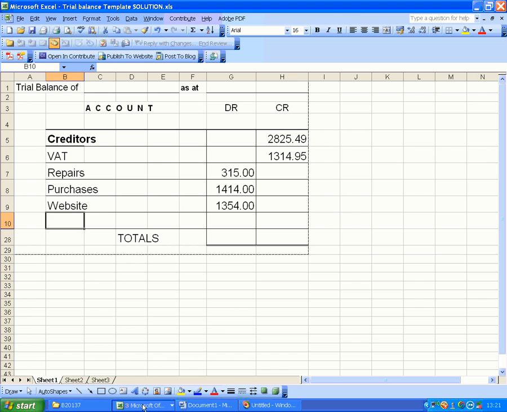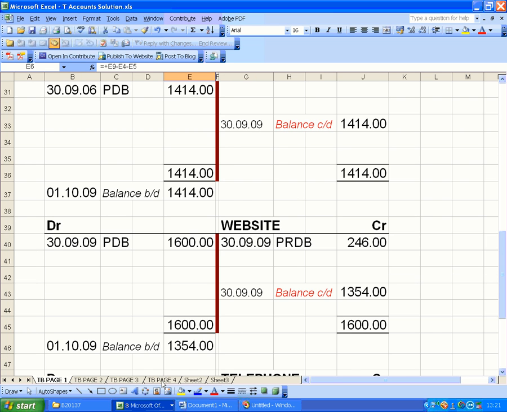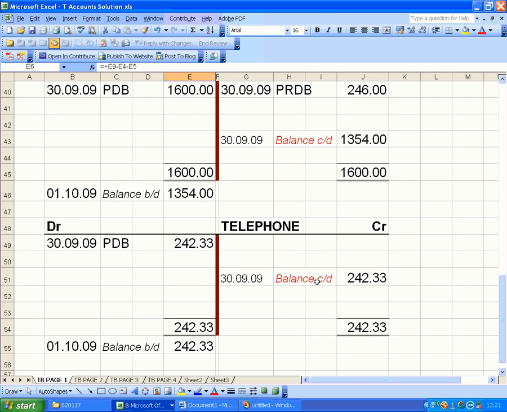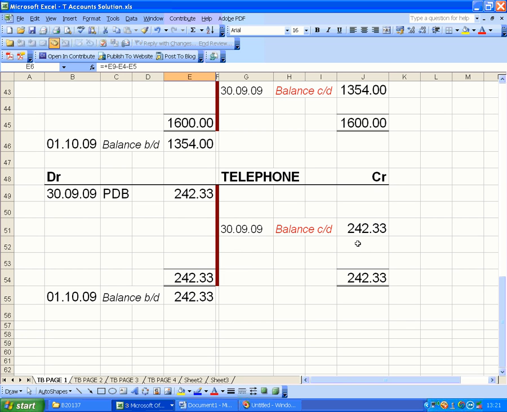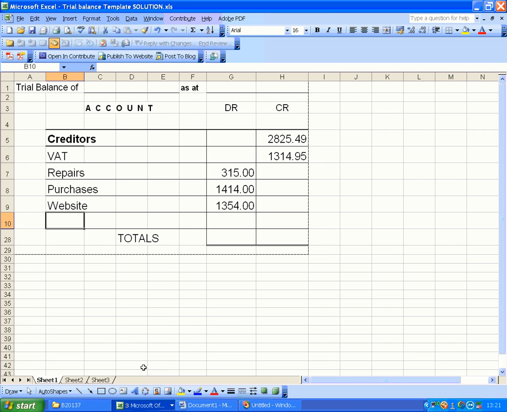And the next account is the telephone. The balancing figure on the T account is on the credit side, so therefore using the duality rule, it will be a debit posting in the trial balance. And the figure is 242.33.